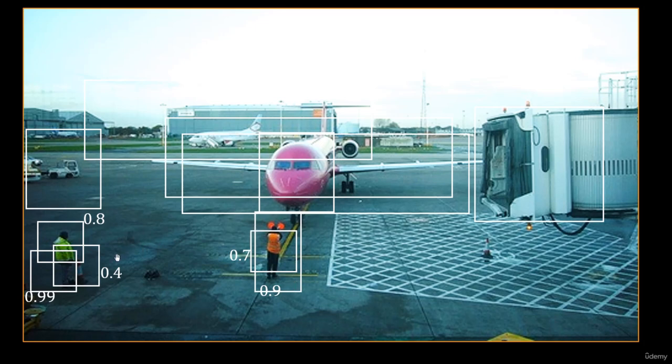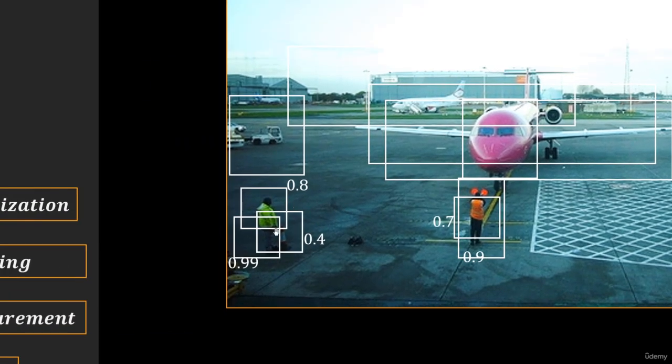Now if we look at this other prediction where we have these three predictions, supposing we have an IOU threshold of 0.3. Once we come here, we start with this box because it has the highest confidence score. Then we look around it. If we take, for example, this box, let's suppose that the IOU between this and this isn't up to 0.3.